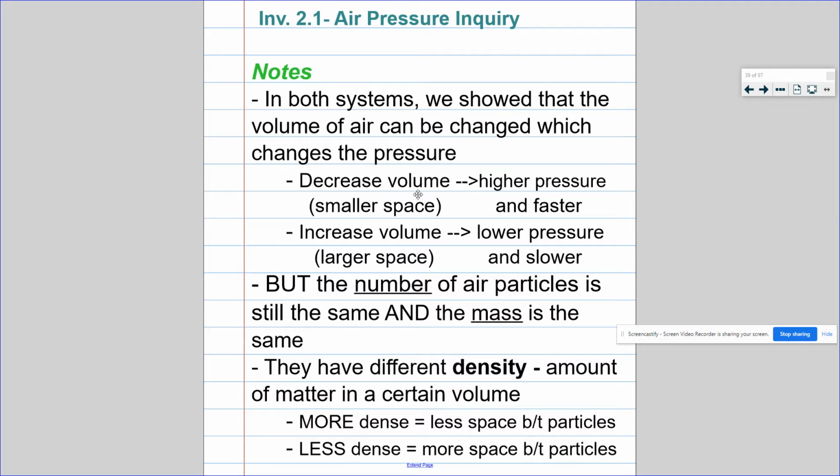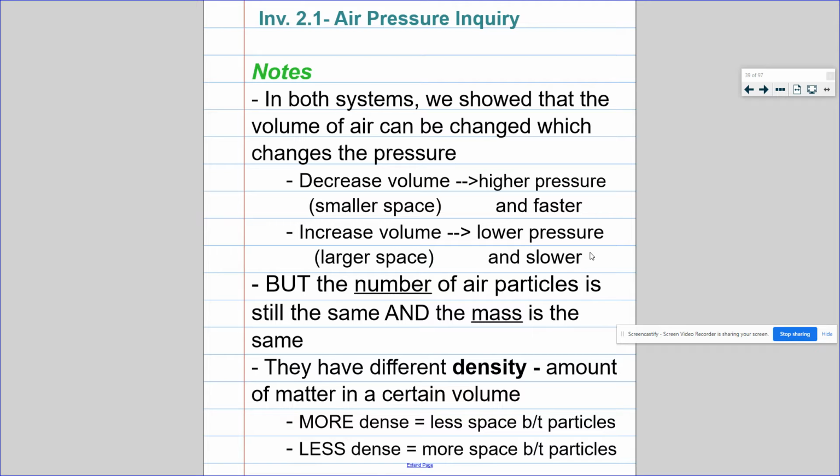If you decrease your volume, meaning you give it smaller space to take up, then your pressure becomes higher and molecules and particles in there move faster. Okay. So when you decrease your volume and put it in smaller space, they're moving around faster and they have higher pressure. But if you increase your volume or give it a larger space, like when you let the syringe pull it back, or when you let the bottle go, then you lower the pressure and the molecules move slower.